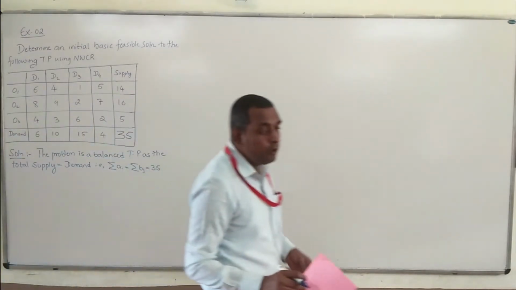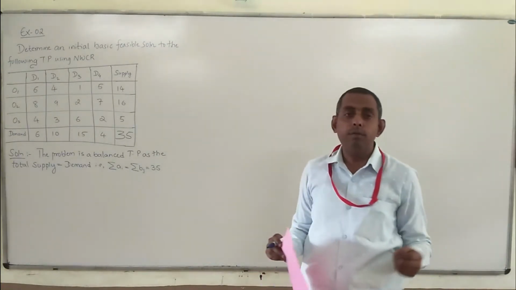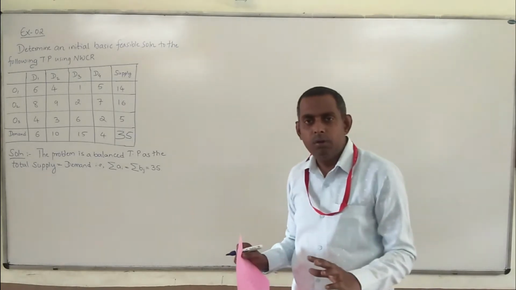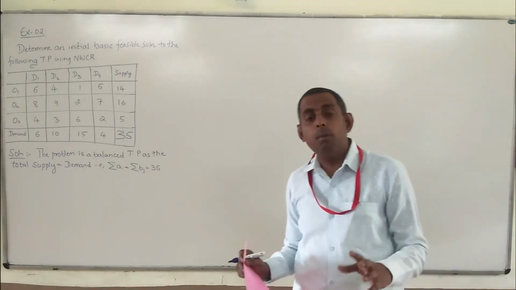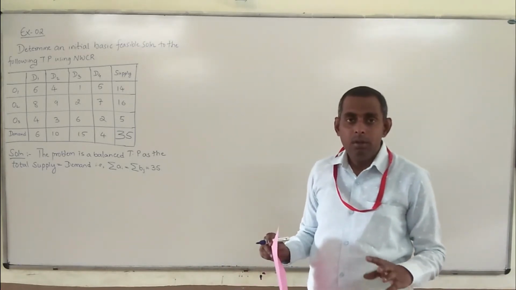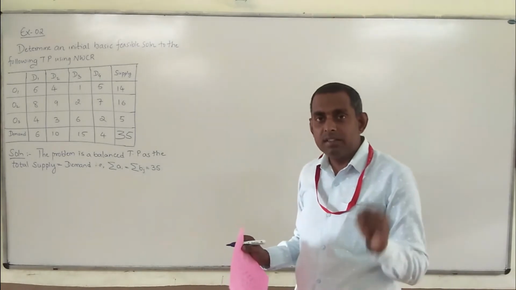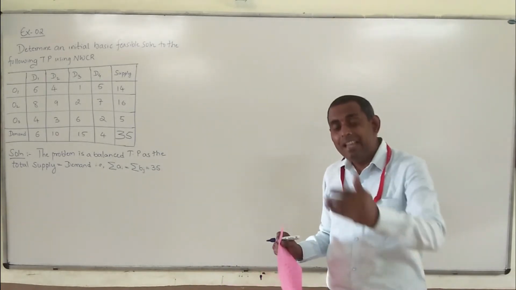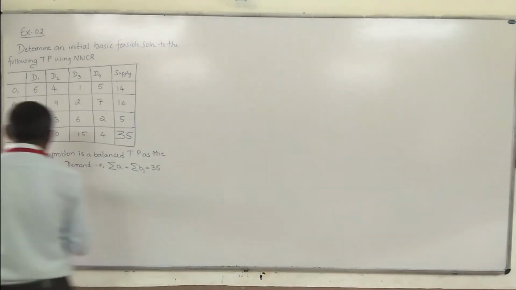Then only we can solve it by transportation problem, irrespective of the number of rows and columns. If total supply and total demand are both the same, then we can say there exists an initial basic feasible solution.